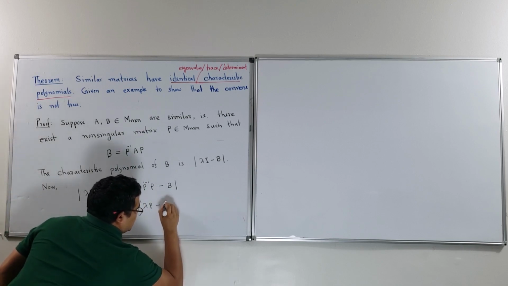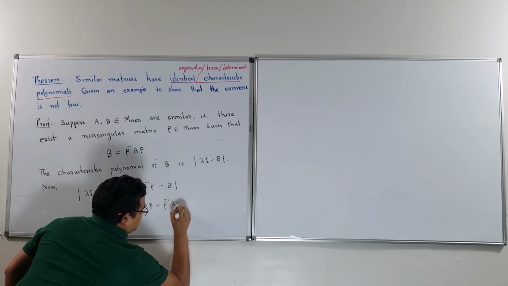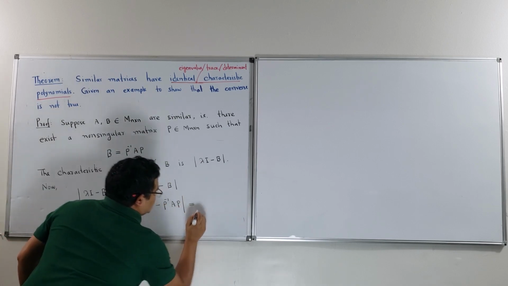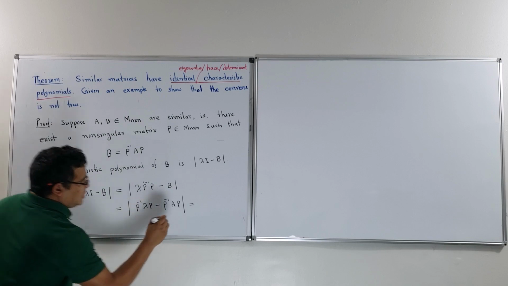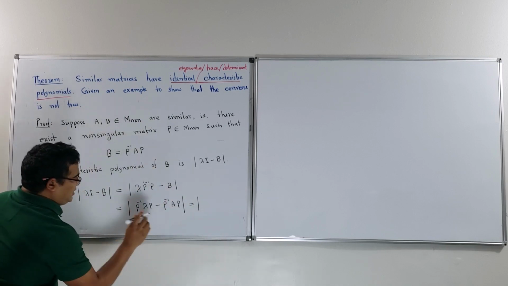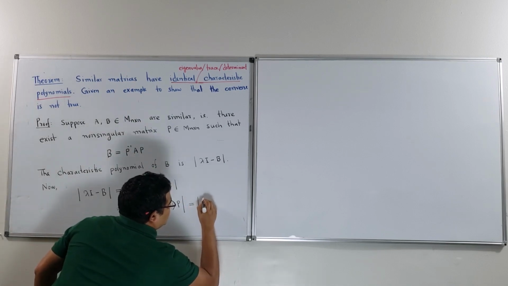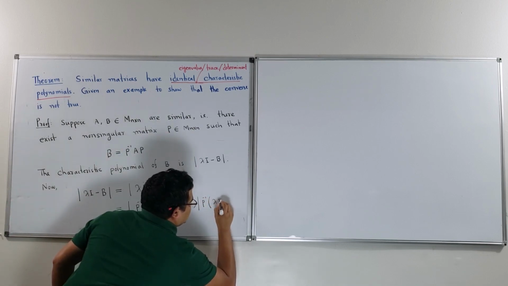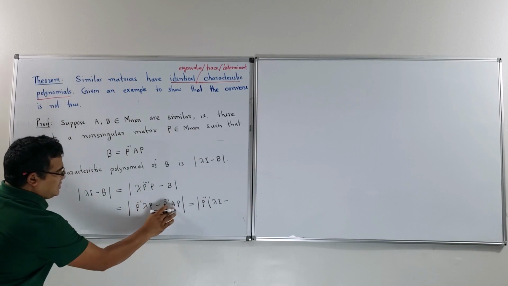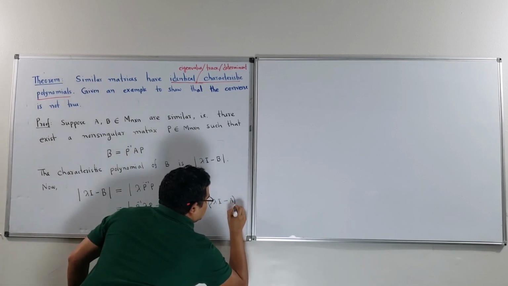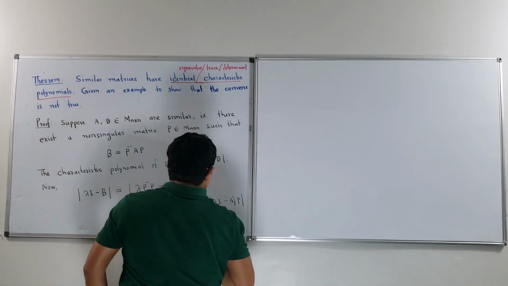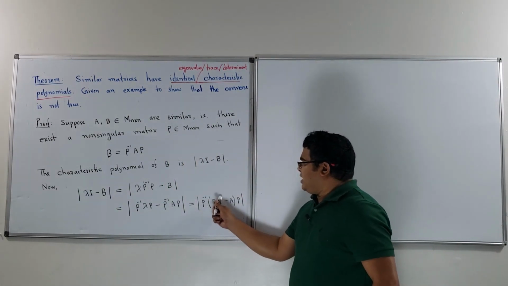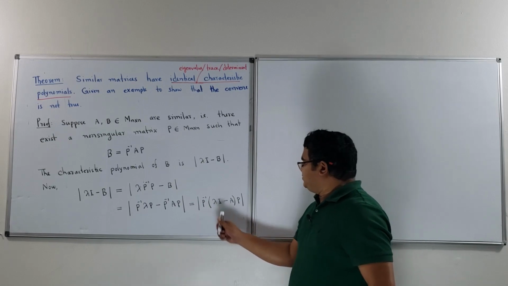So this can be written as the determinant of P inverse times lambda I minus A times P. Since we take out P inverse, there will be an identity matrix here.